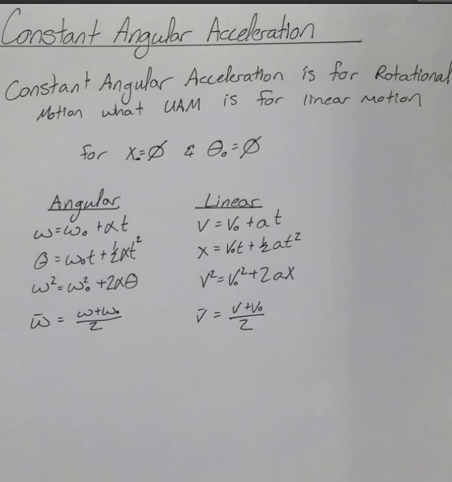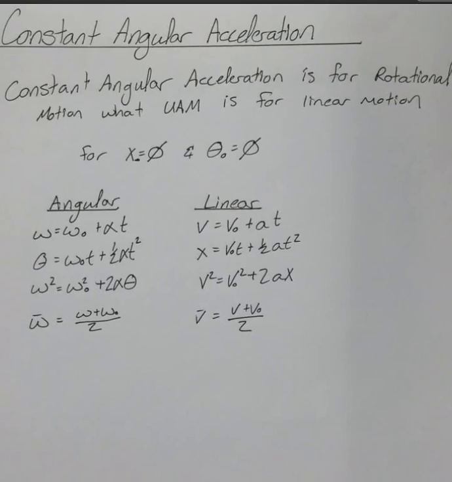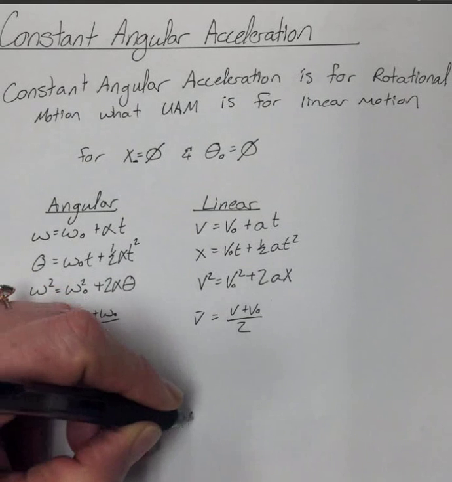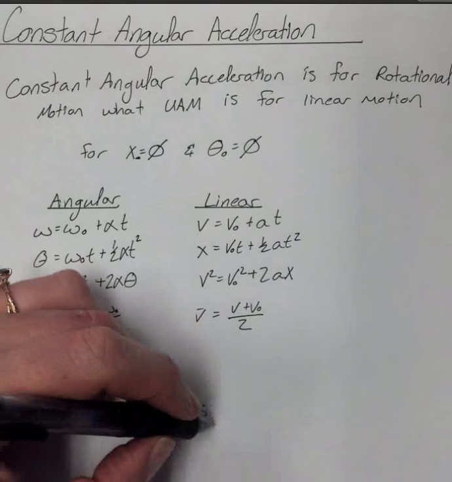Alright, now that we've established our variables for angular motion, we're going to talk about our first concept. I guess we already did kind of talk about kinematics in simple terms. We just talked about how to describe the motion.